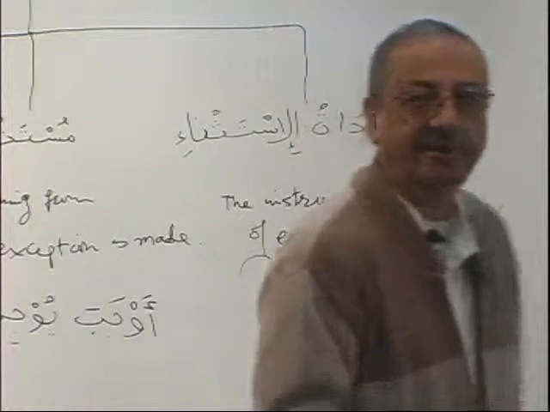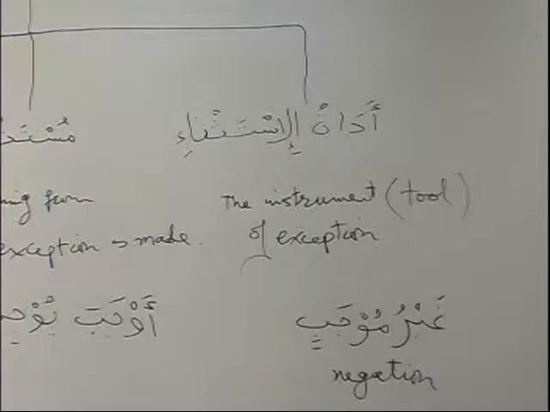And how many kinds of negation? An-nahyu, an-nafyu, and then istifham. I say it again, brothers and sisters: an-nafyu, wan-nahyu, and istifham. Fine. A negative, prohibitive, or interrogative sentence is called غير موجب.